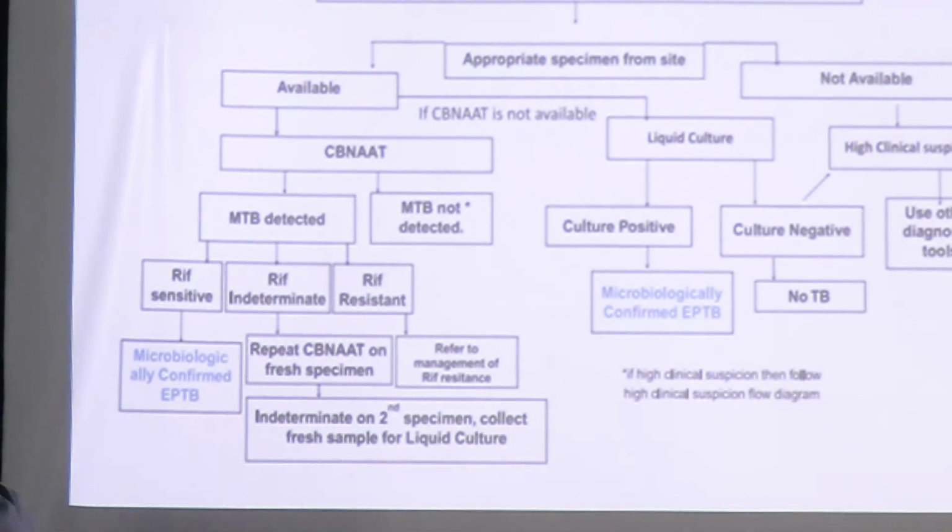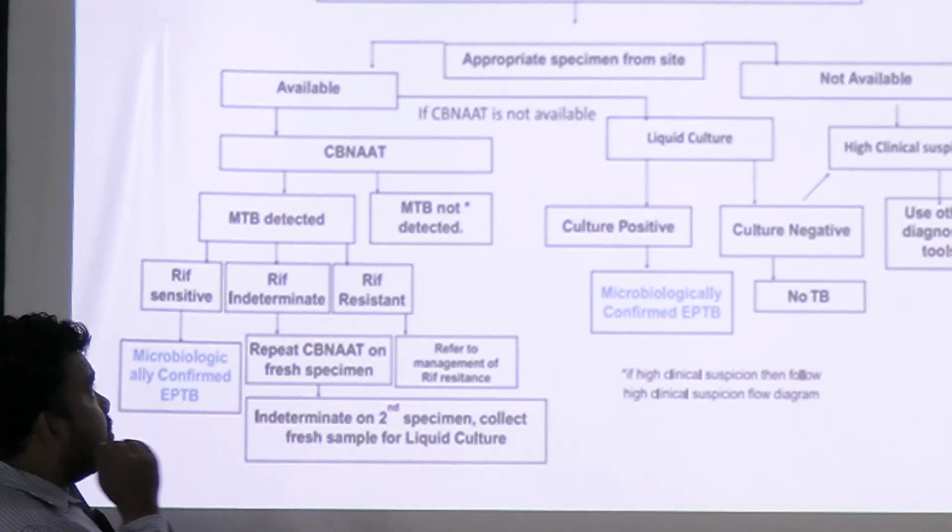Now, the problem with this is that the number of bacilli in these regions is very low. So many a time, by microscopy we miss them. In these scenarios, the molecular tests become even more important.